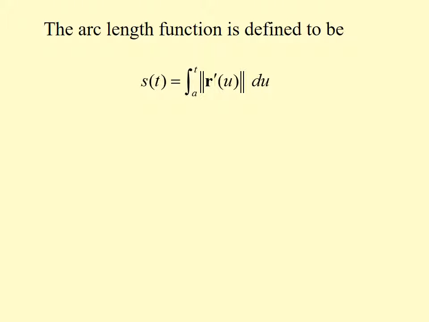Now, from the formula for arc length, we can write the arc length function. Now, in the arc length function, notice here we have s as a function of t, and the variable t appears as the upper limit of the integral. Now, we studied these sorts of integrals in Calculus 2.